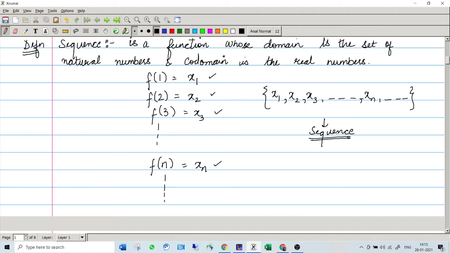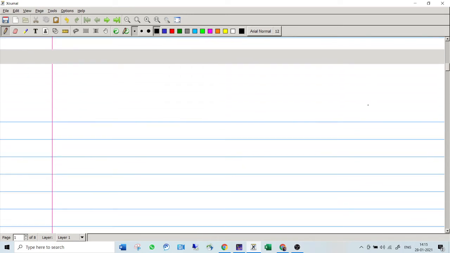So for a sequence, what do we have? A sequence is a function whose domain is the set of natural numbers and codomain is the set of real numbers, and this collection of all those values is called the sequence, right? So you have seen as of now that a sequence has terms like xn.